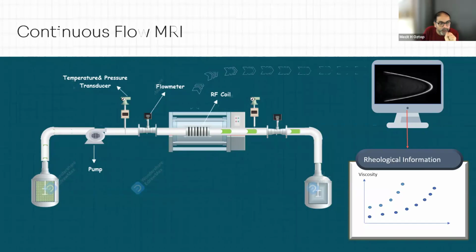And in this case, what we have done here is we have a fluid initially, and then we started to add to this reservoir some gastric juice, which is at pH 1, and the pH decreased significantly, so the polymers changed, and as a result, the flow behavior changed. And we can easily monitor that through this system.